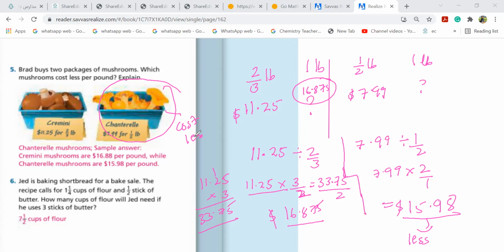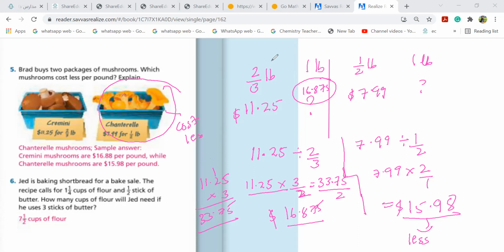Yes, Miss, I'm writing it in sticky notes. Did you finish? Okay, the period is not finished. You still have time. I will do one more question, question number 6.